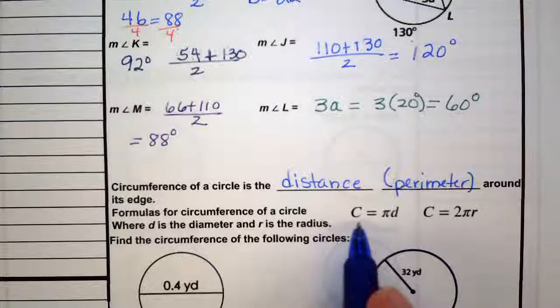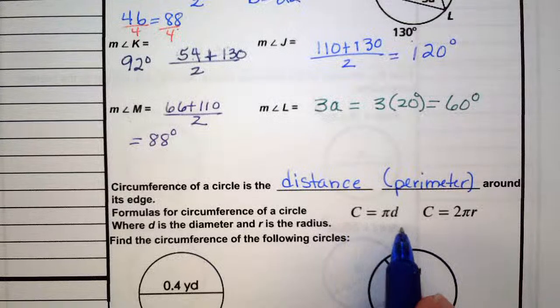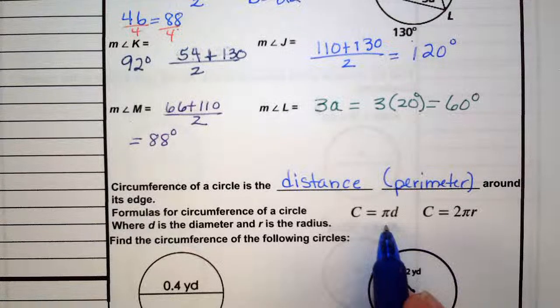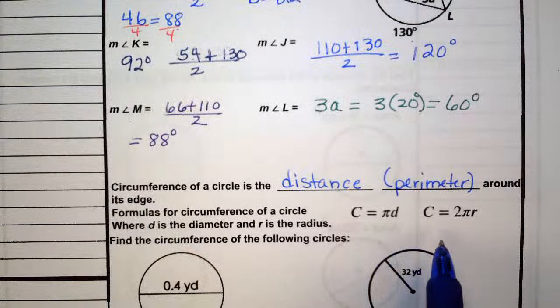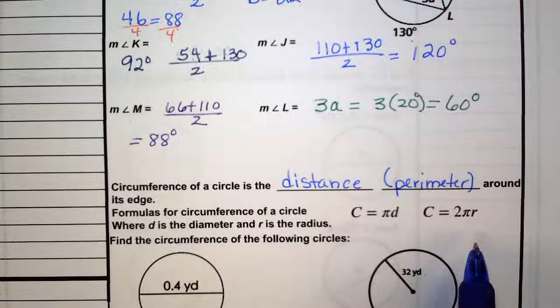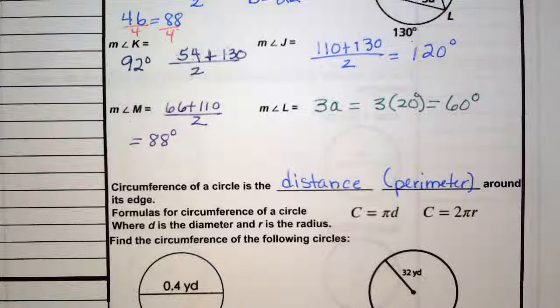The first one is pi d. If you've got the diameter, all you have to do is multiply it by pi to get your circumference. The second one is 2 times pi times your radius. If you know your radius, you multiply it by 2 to get your diameter, and then multiply it by pi.